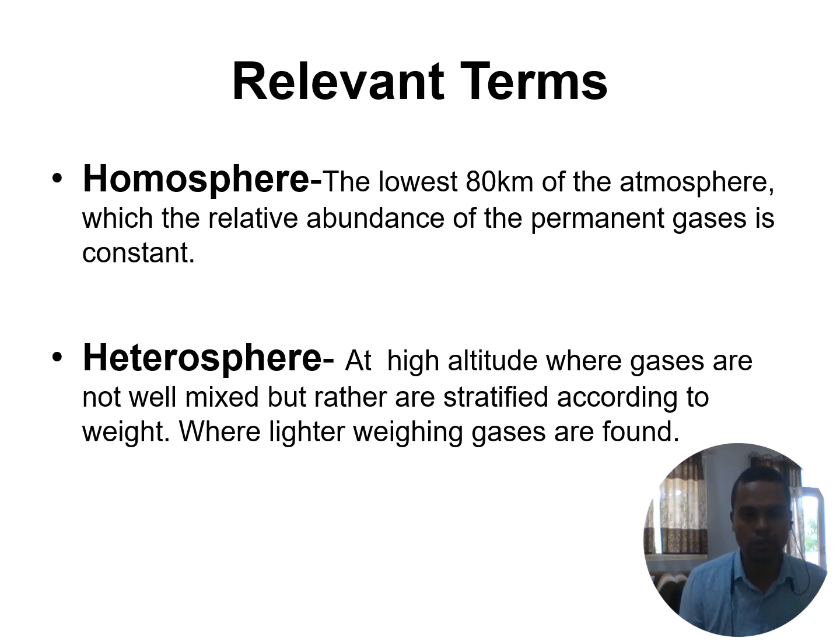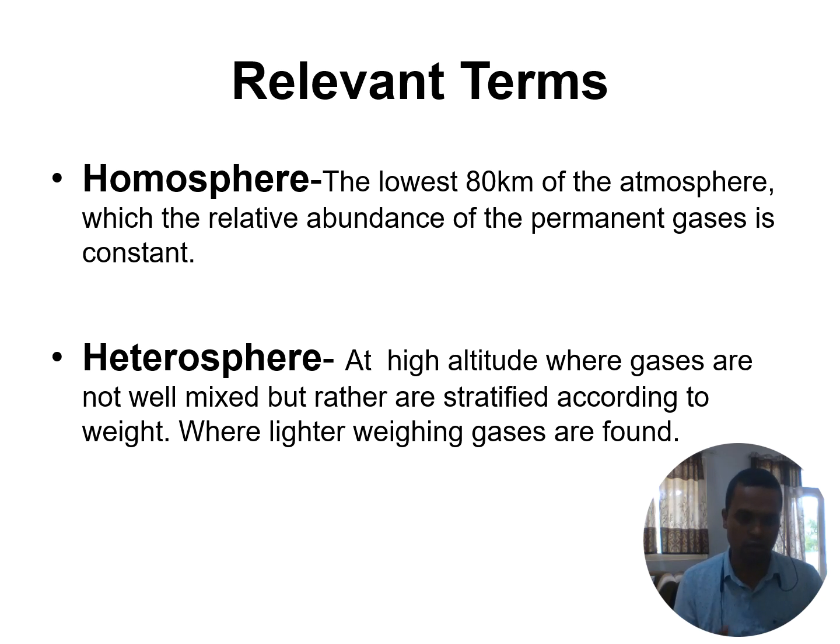In relevant terms, the homosphere is the lowest 80 kilometers of the atmosphere, where the relative abundance of the permanent gases is constant. In the heterosphere, it is not constant, it changes, and the gases are present layer by layer based on density. Another way to think about the homosphere is that the gases all mix together.